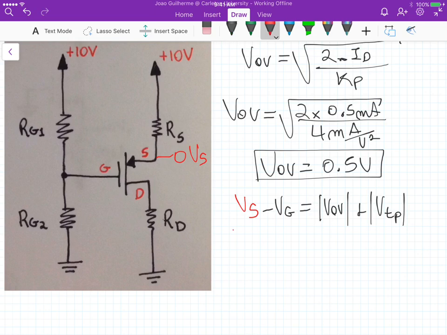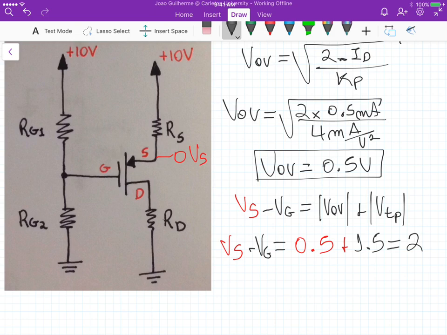So VS minus VG equals 0.5 plus 1.5, and that equals 2.